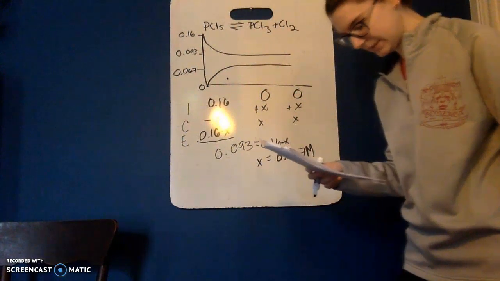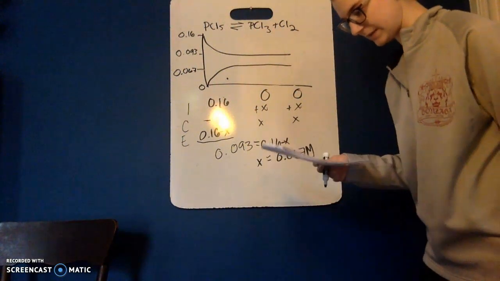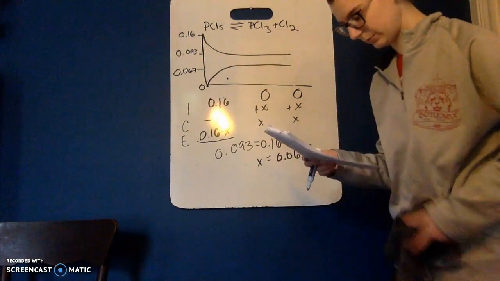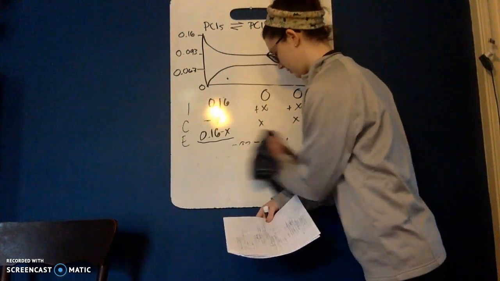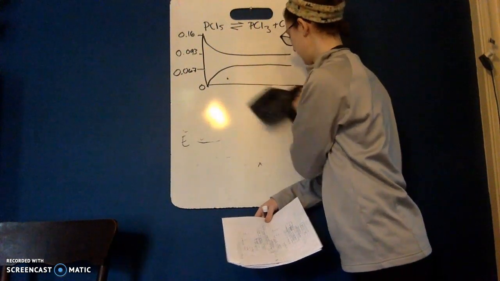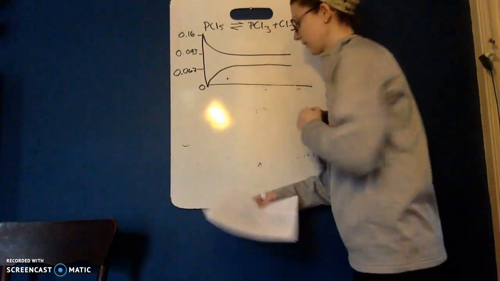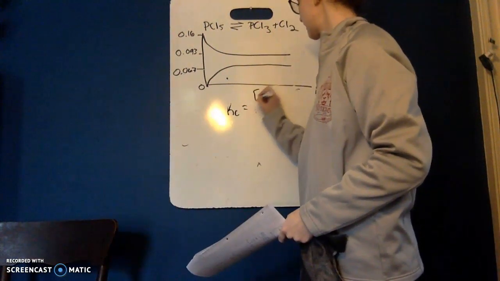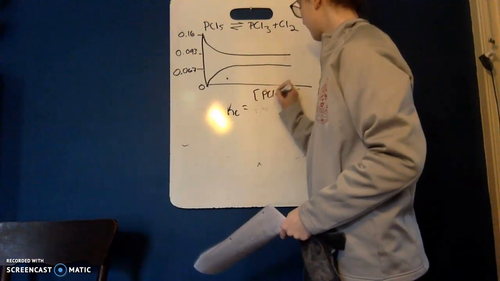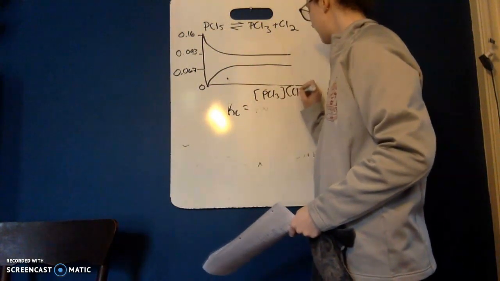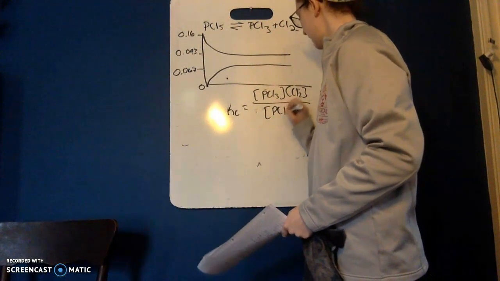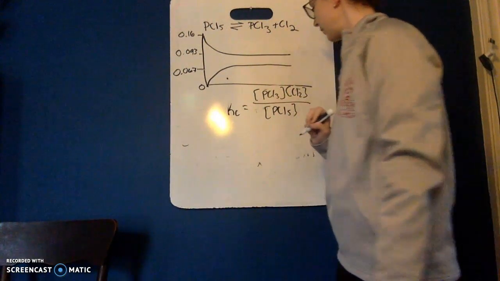For part D, we are actually solving for the Kc value. And we are going to use the values that we know for equilibrium to solve for that. So I'm going to erase my ice table here. So we know that our Kc equation is going to look like the concentration of PCl3 times the concentration of Cl2 divided by the concentration of PCl5 at equilibrium.